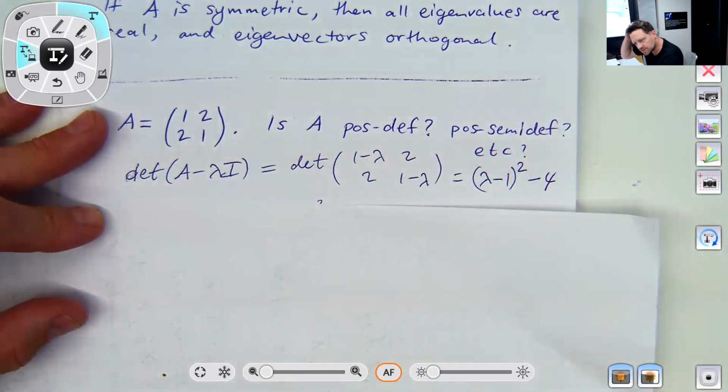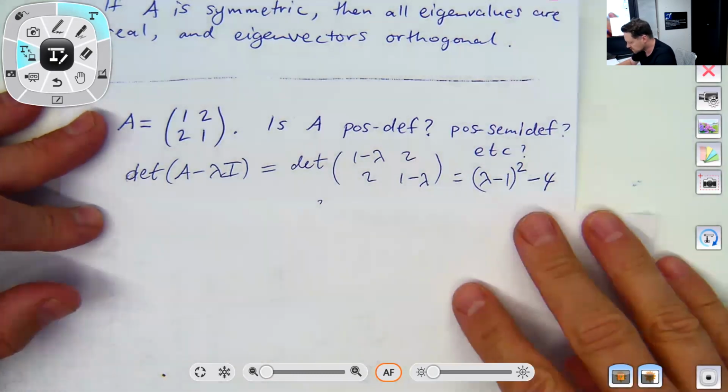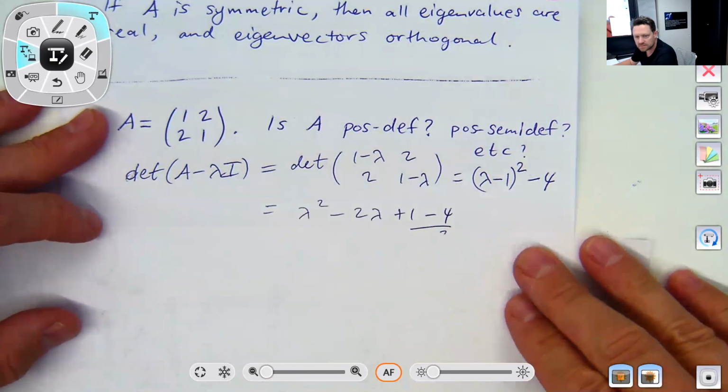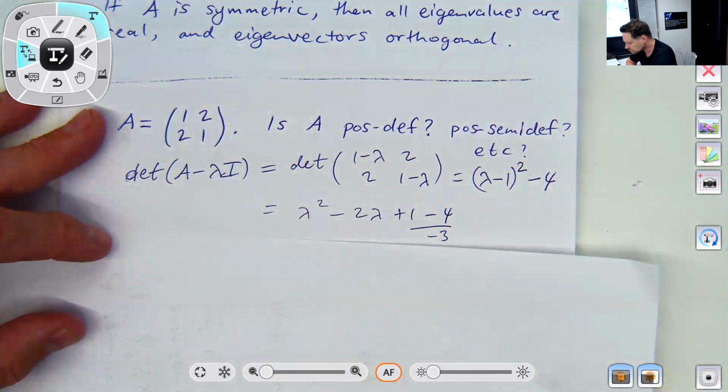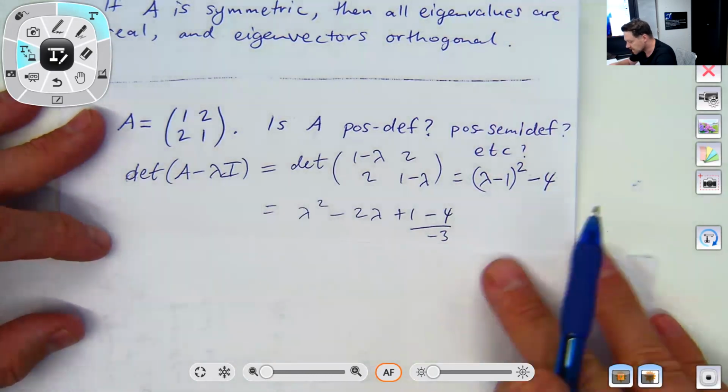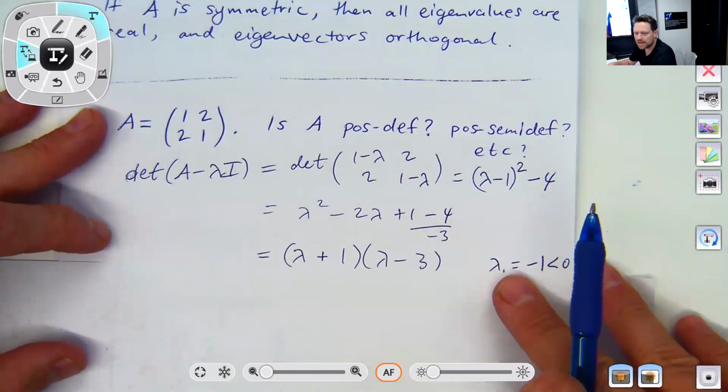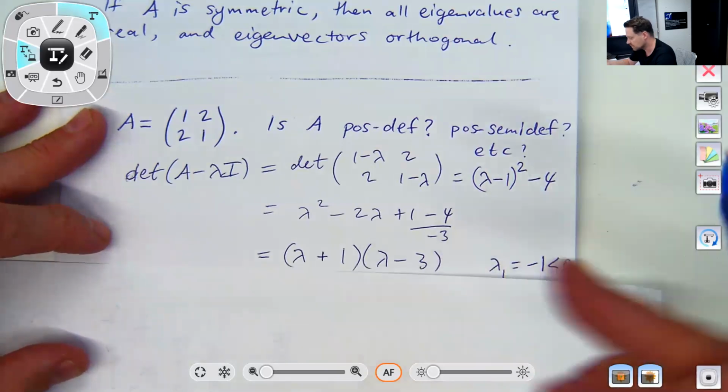Now what we want to do is expand that and factorize it so that we can find the eigenvalues. So we expand it, and we find that the last term there is minus 3. Then we factorize that as lambda plus 1 and lambda minus 3.